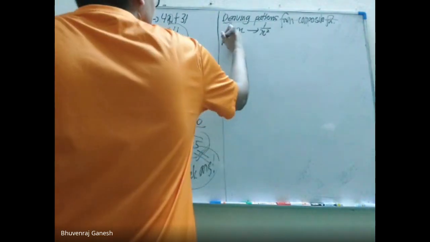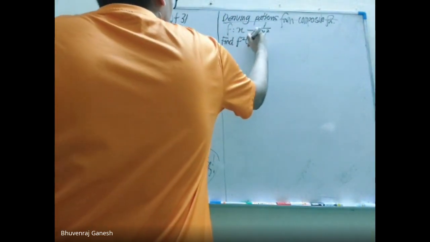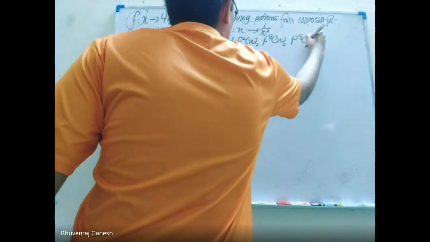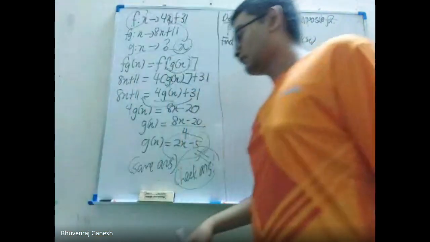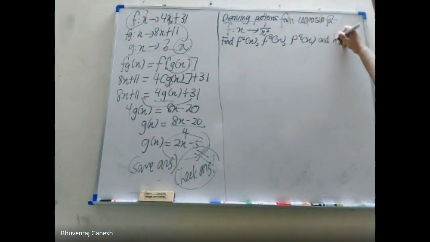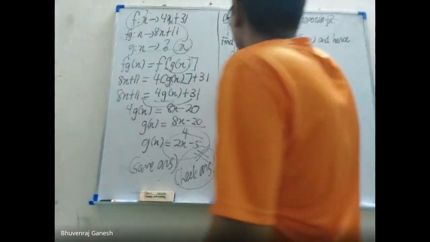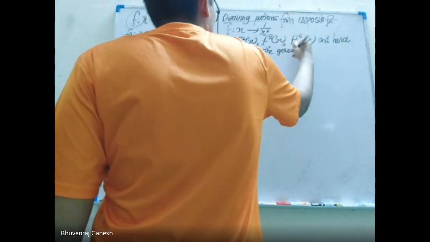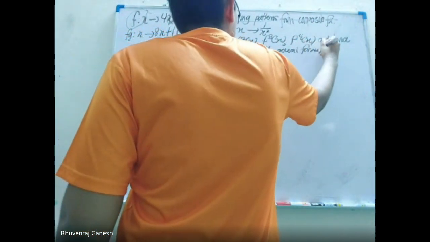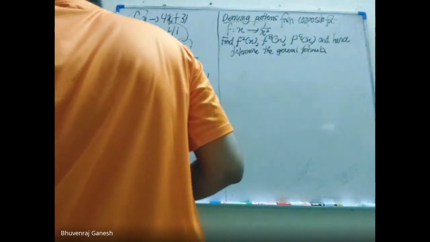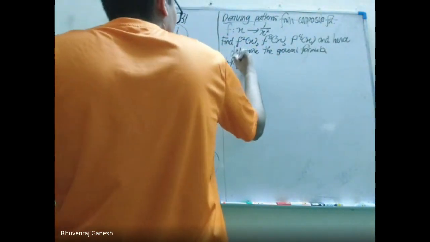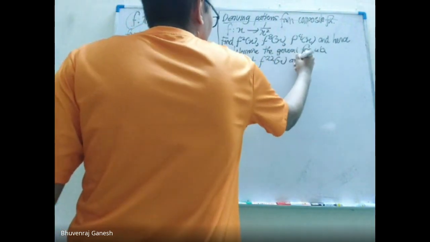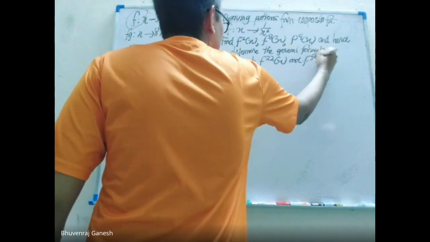And now they're going to ask you find f square x, f cube x, f4x, and then they say, and hence determine the general formula, to find out f power 22 x and f power 33 x.